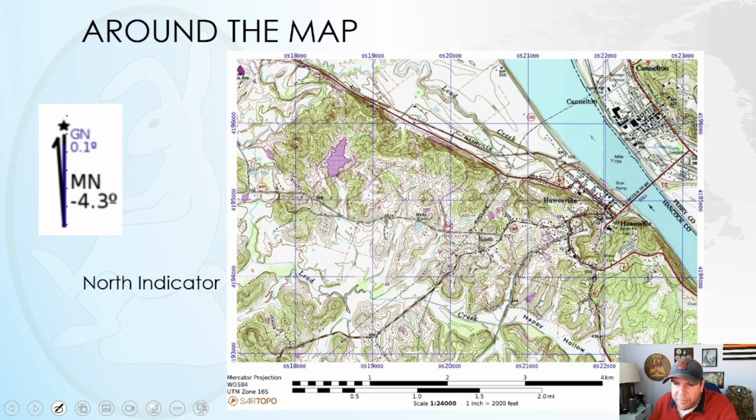So to overcome this difference, we have to make a mathematical calculation called declination, which is represented here on our map. That's what this negative 4.3 degrees means. It's telling you the mathematical difference between magnetic north and true north.